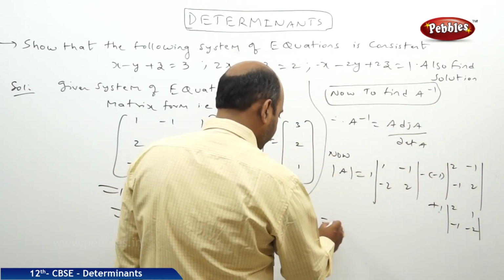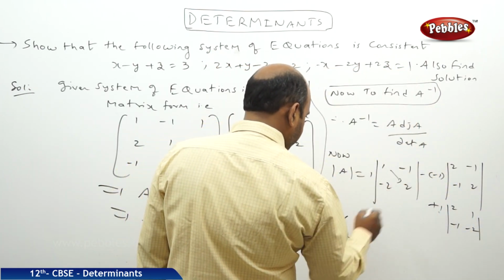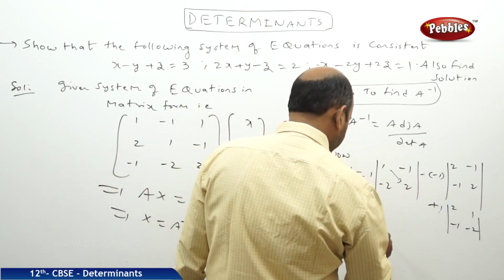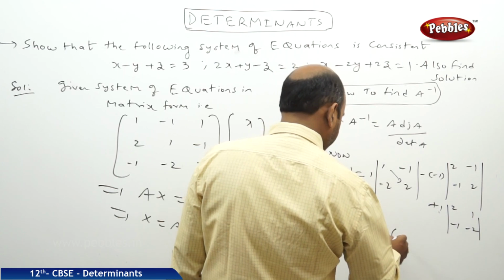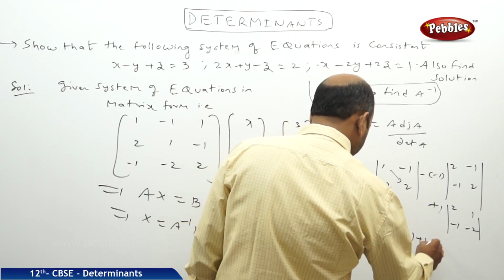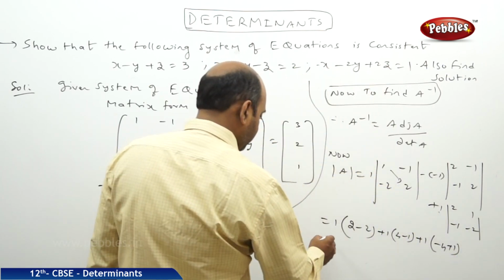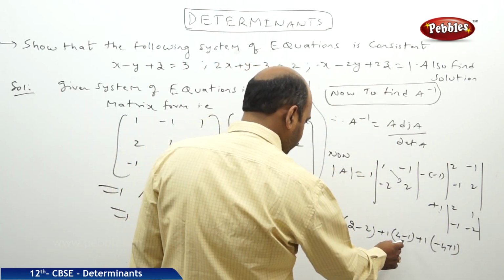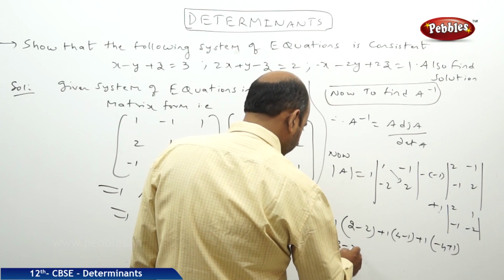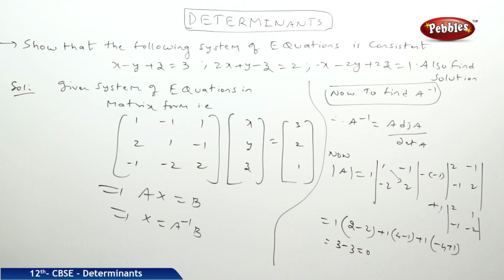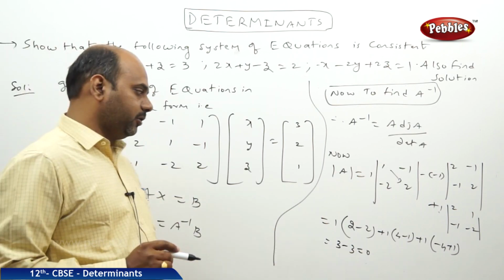We should observe carefully: 1 into 2 minus 2, and here minus minus becomes plus, plus into 4 minus 1, plus 1 into minus 4 plus 1. So 2 minus 2 is 0, and here 3 minus 3 will be equal to 0. Yeah, now we should be very careful. Now det A is equal to 0.